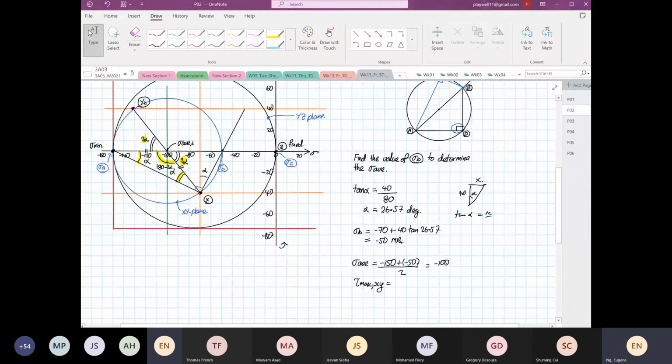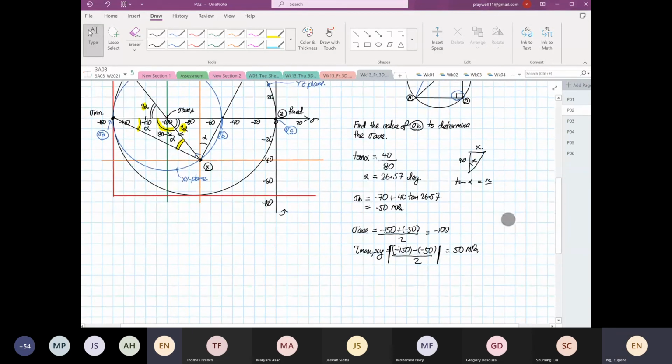So if you want to calculate, it will be equal to minus 150 minus 50, divided by 2, right? Oh, not square bracket, because radius is absolute, so there's no positive or negative. So this will be equal to 50. Okay, so we know that it's 50.